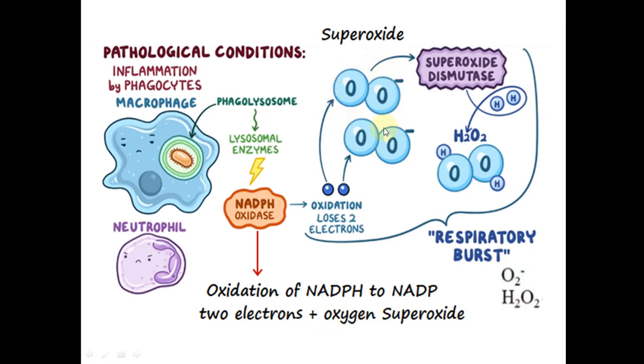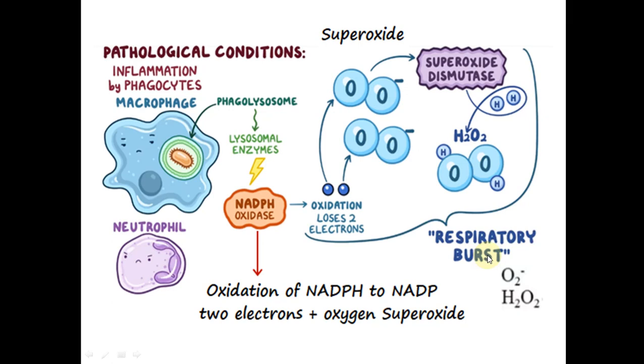Now, the enzyme which is a very important antioxidant, known as superoxide dismutase, will convert the superoxide into hydrogen peroxide. The production of the superoxide and hydrogen peroxide is known as the respiratory burst.